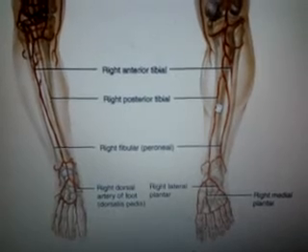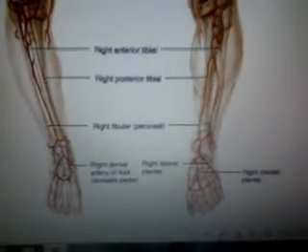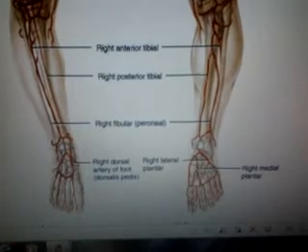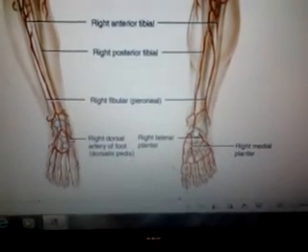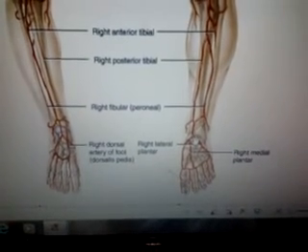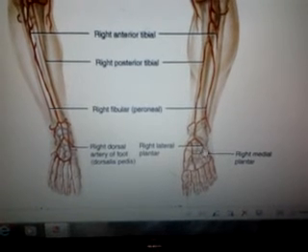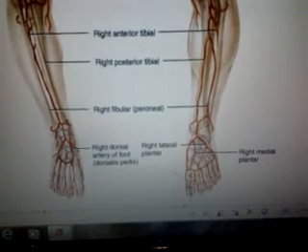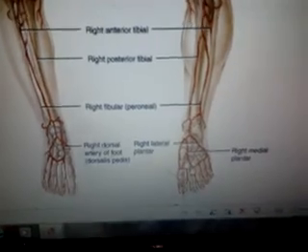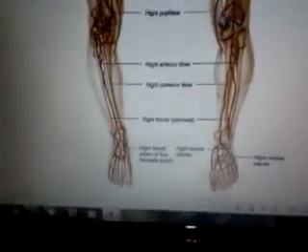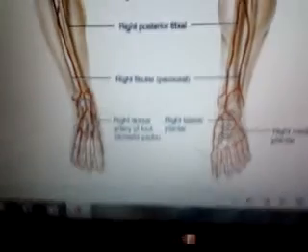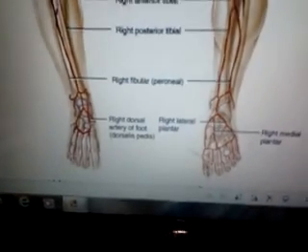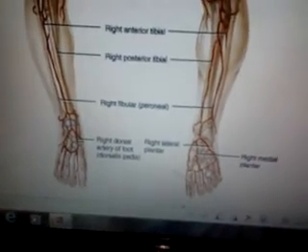As the posterior tibial artery descends at the back of the ankle, it gives off a lateral plantar artery and a medial plantar artery. The lateral plantar artery will form the lateral part of the plantar arch.